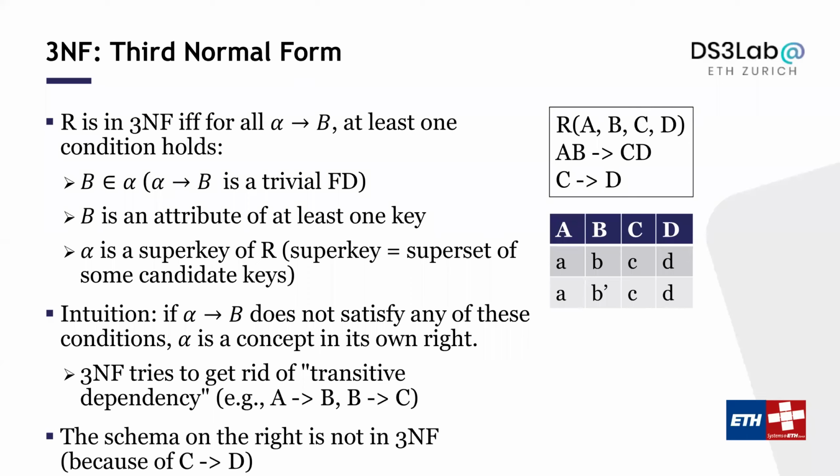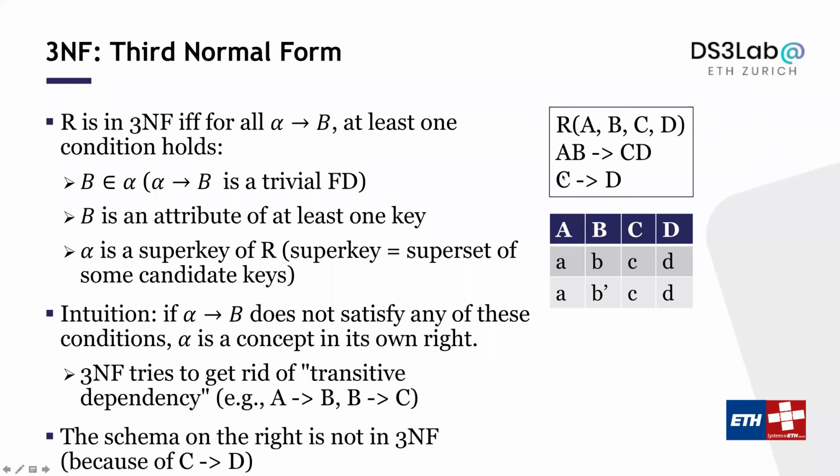Let's go back to our example here. As we can see, this is actually not in third normal form, and the reason is the functional dependency from C to D. Let's check each of these conditions. First, is C to D trivial? It's not trivial because the right-hand side is not a subset of the left-hand side.